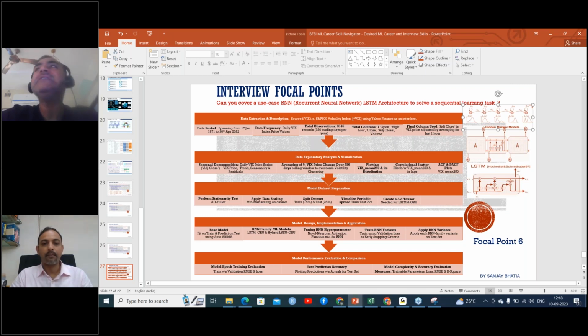As you know, VIX is the volatility index of the S&P 500 index, so it is a well renowned index. The price data is available even on open sources like Yahoo Finance, or different APIs could be used to bring in the historical time series of VIX prices.